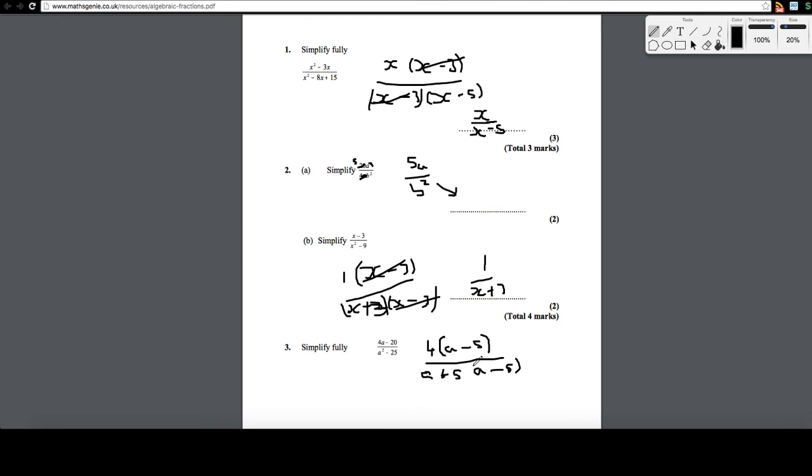Alright, and that will give us that, but we can also simplify. So the answer will be 4 over a plus 5. And that is your final answer for this.